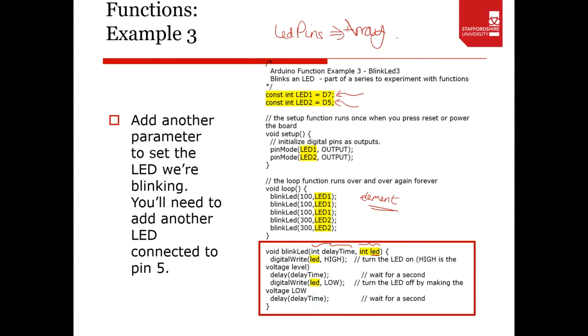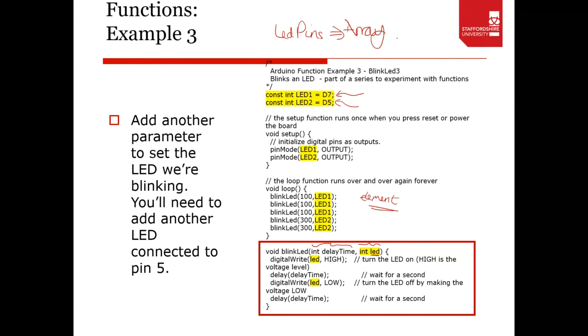Okay. So lowercase is inside the function and also delay time, and uppercase is in the main program. So this time we are going to blink LED1 for 100 milliseconds, then repeat, and then LED2 for 300 milliseconds.